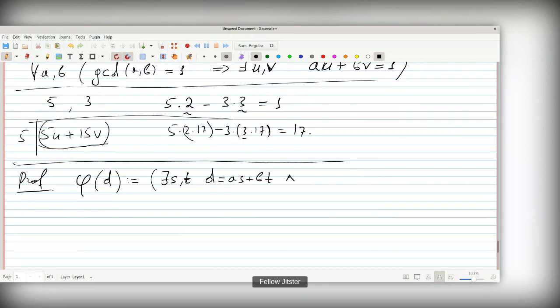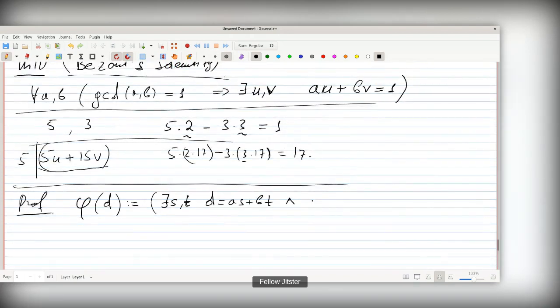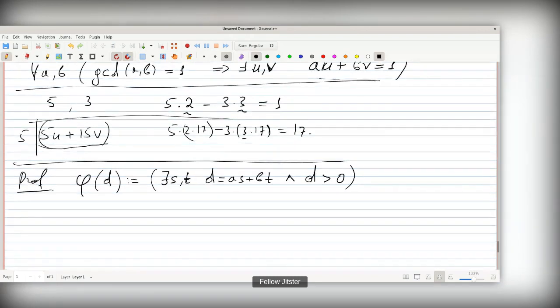So our d is a linear combination of a and b, but besides that, I would require that d is greater than 0. So let us consider the following property: to be a positive linear combination of a and b.